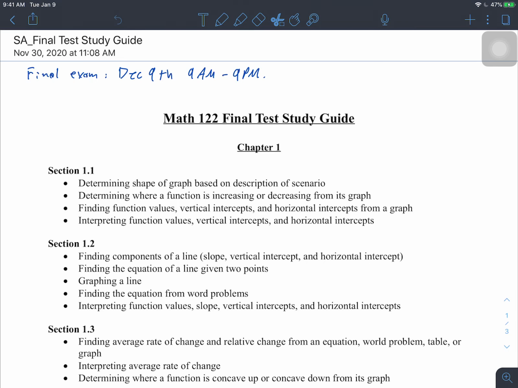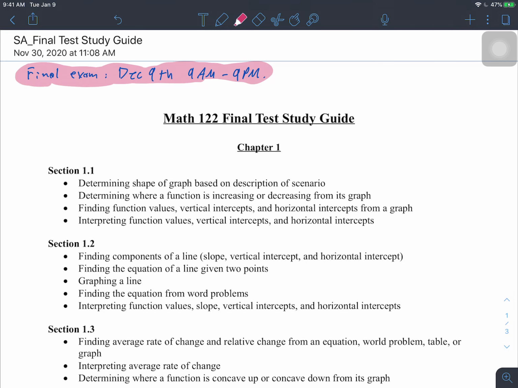So yeah, let's go ahead and start. First of all, don't forget your final exam is going to be on December 9th from 9 a.m. to 9 p.m. It's the usual format. I'll give you 12 hours to download the exam. You can print it out if you want, fill it out, whatever. You can fill it out on a sheet of paper, loose leaf, whatever.